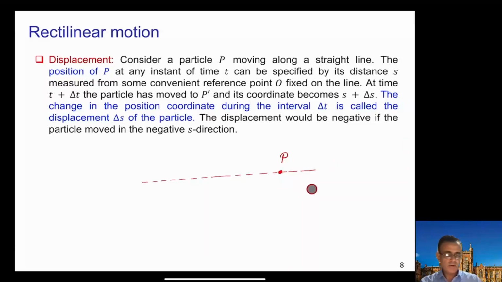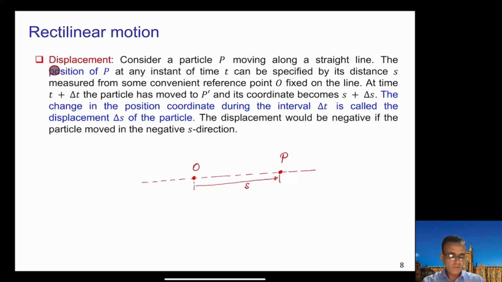Now you want to show the displacement of this particle. You will measure this with some reference, and in this case we are taking this reference as O, and then this vector is our S.